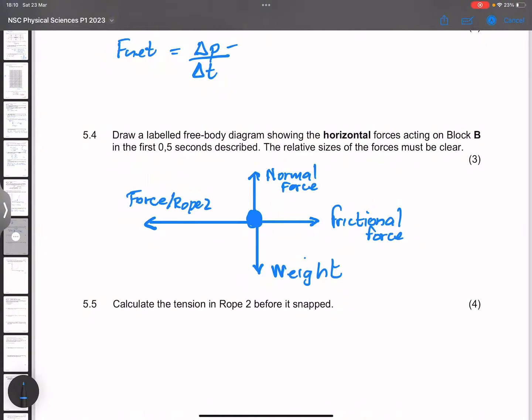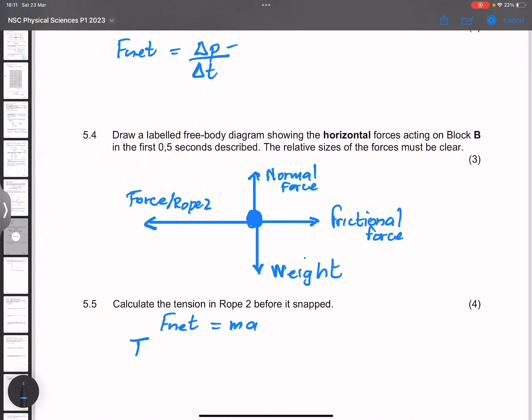Now they say to us, calculate the tension in rope 2 before it snapped. Now I'm going to say, using that free body diagram, F net is equal to MA. But what is our F net?